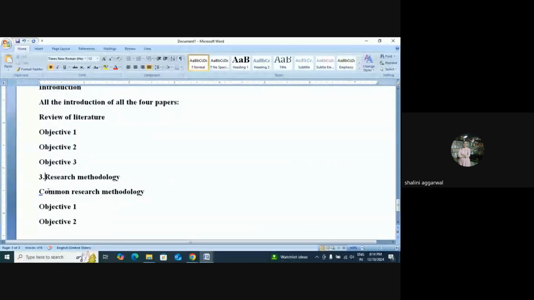Let me repeat: if you have 3 or 4 objectives and a common research methodology, you write it down, right? But if you have certain points of differentiation, you can mention objective 1 and write out what the differences are here. Objective 2, what is the difference point?